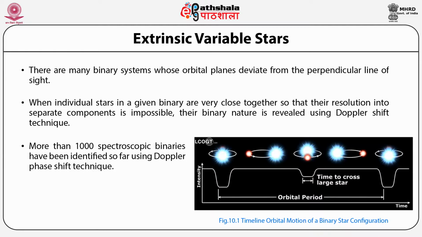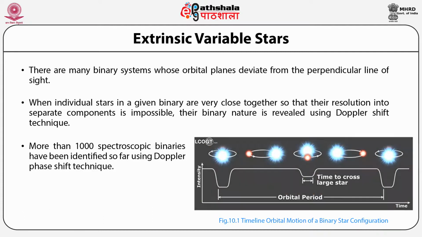Both of them are supposed to orbit around a common center of mass. While in the first one and in the last one, the second star is not visible. But if we see their visibility, it is the same as what we have seen in the first three, but it is only as per different time periods, depending upon the line of sight. Sometimes they are seen and sometimes they are not.